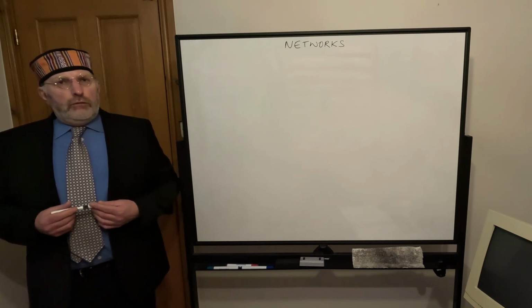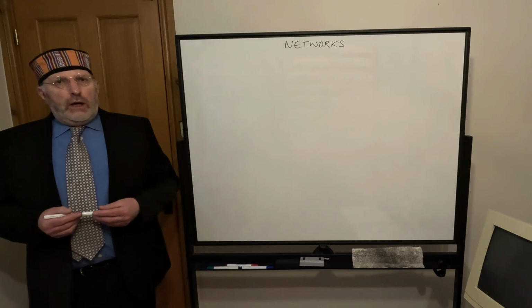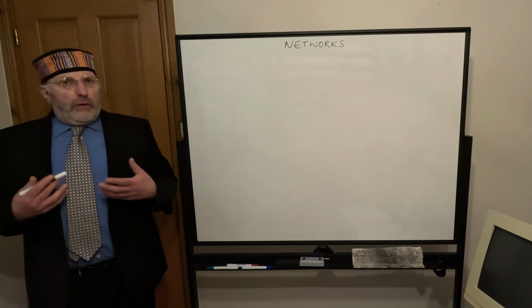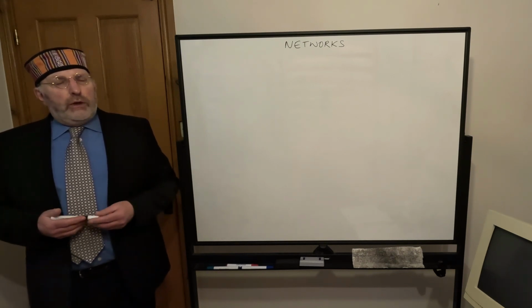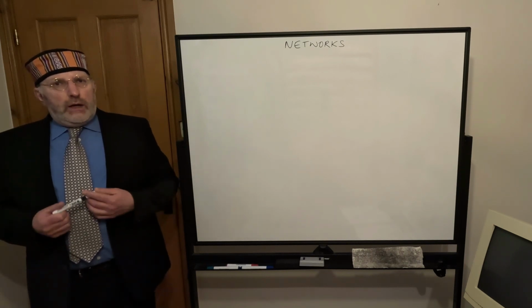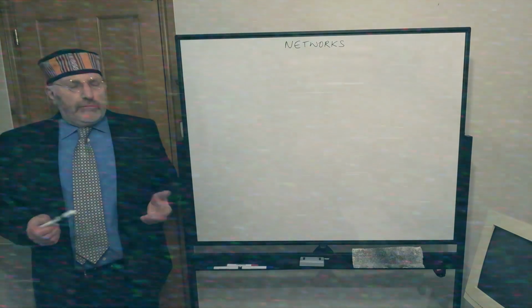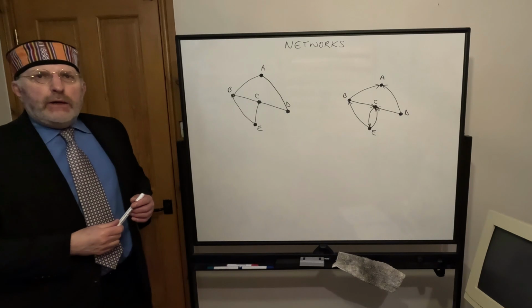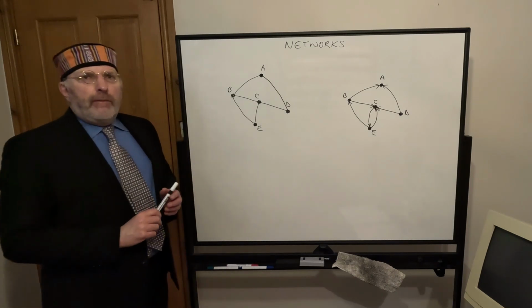And there is a whole science of networks, and there's also a discipline of social network analysis. And in this lesson, we're going to go over some of the main ideas. Okay, here we have two networks.